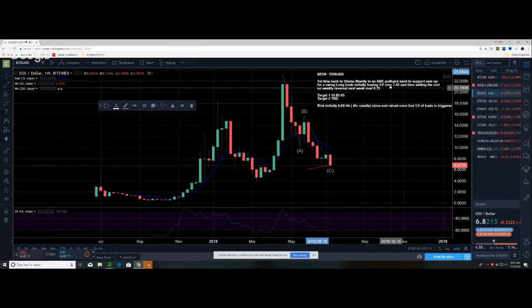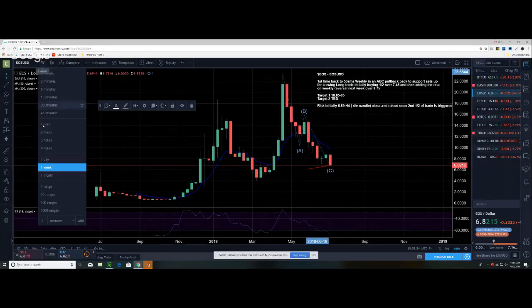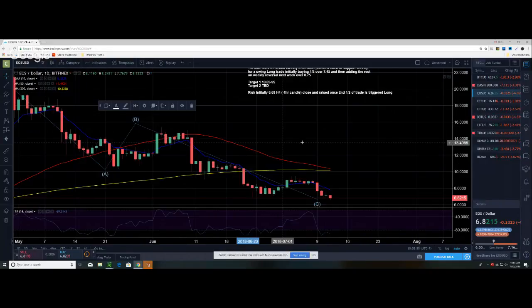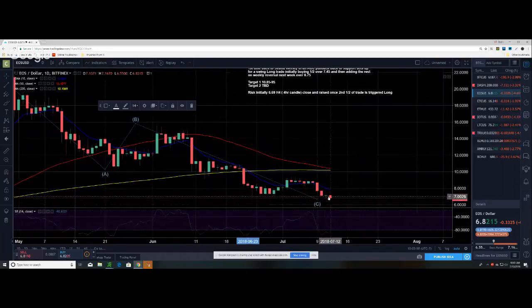Once we get a weekly reversal and we can add the rest to the long play, which would be over the previous week's high, then I would move my stop up accordingly. And that would be based on, back to the daily, that would be based on this rotation. So my stop would likely at that point might be raised up to around 650. Let's see.